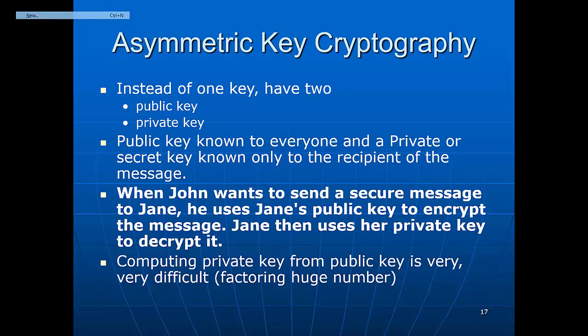So let's say John wants to send a message to Jane. He uses Jane's public key, which everyone can know about, to encrypt the message. And the only way you can unencrypt it is for Jane to use her private key. So this is a way of her keeping it so she can only see those messages sent to her.